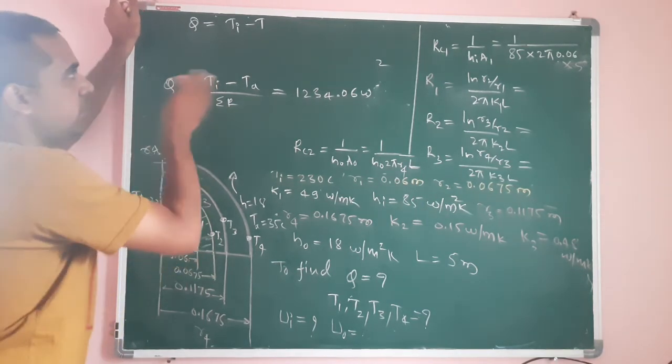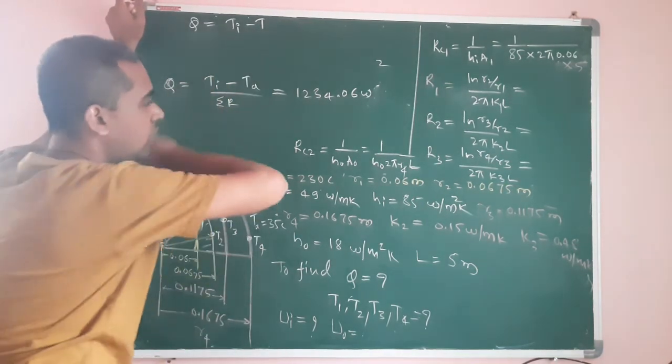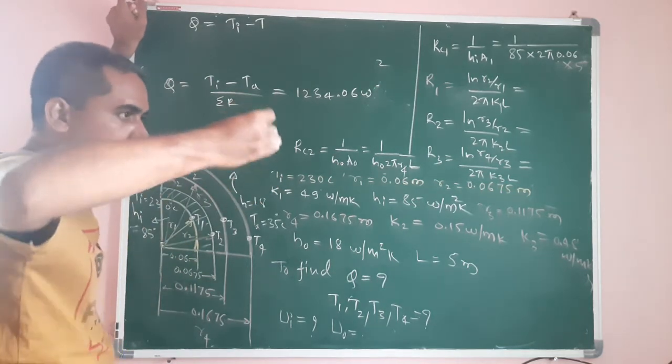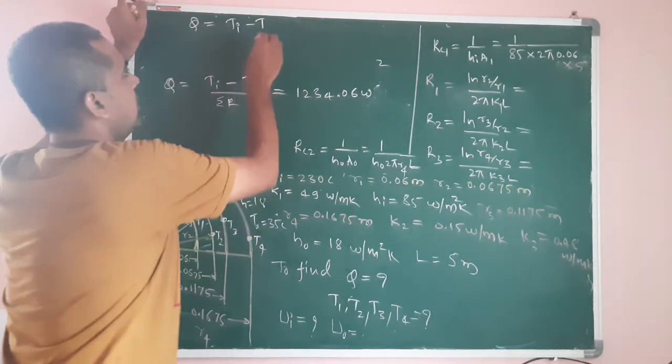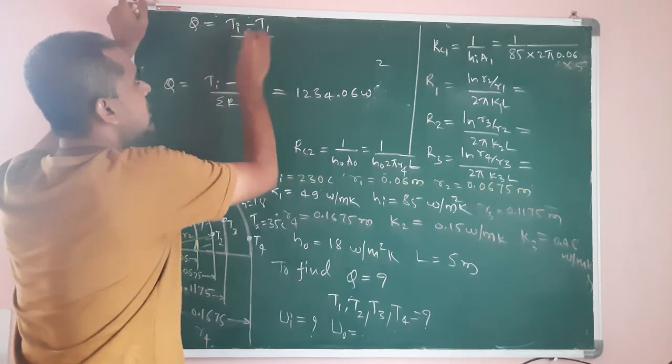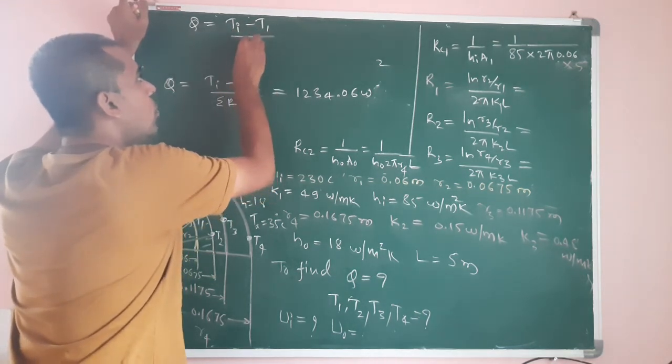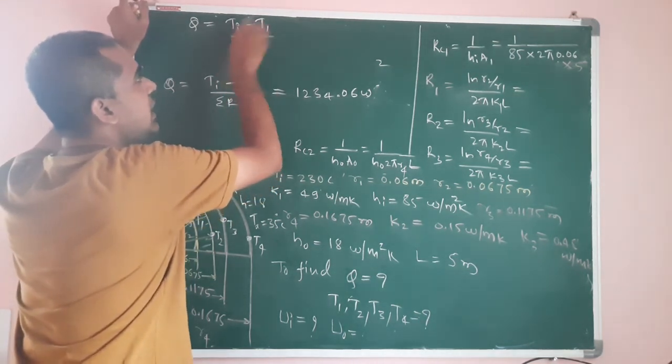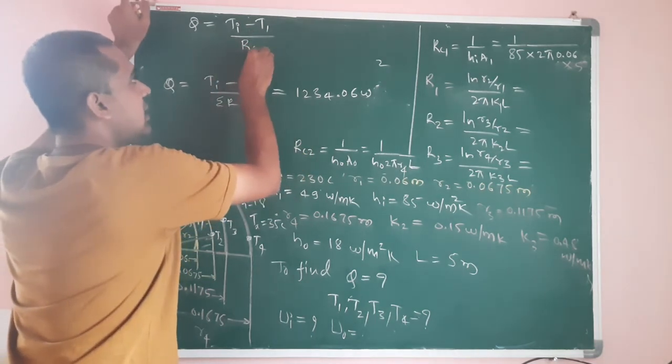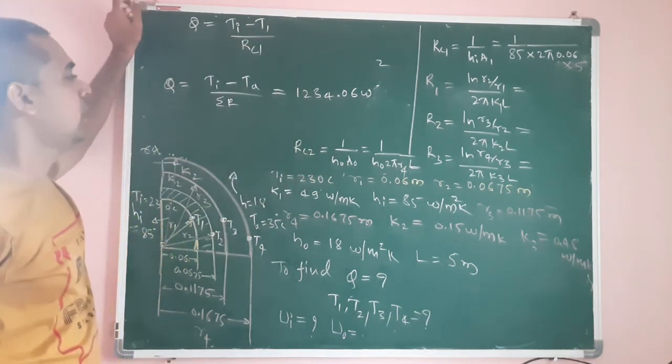Whatever the previous electrical analogy, we have to write all the thermal resistance in between. If I write only Ti minus T1, I have to write only the thermal resistance between Ti and T1. That is RC1.